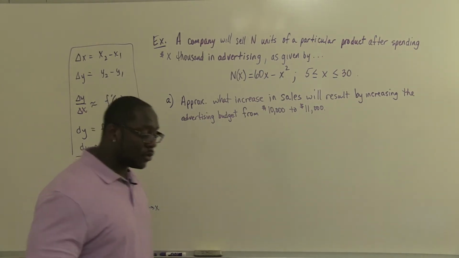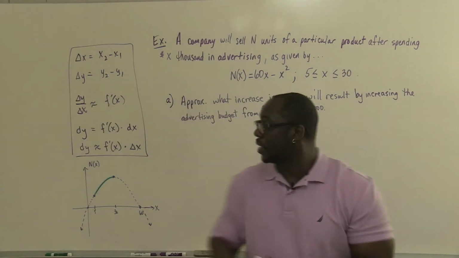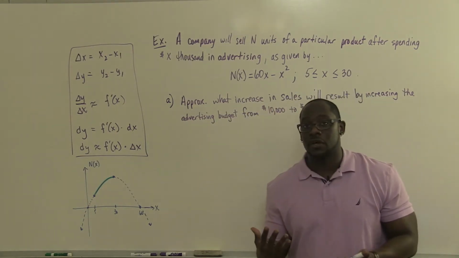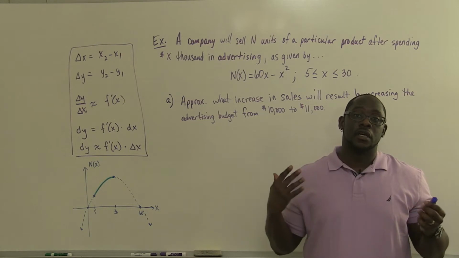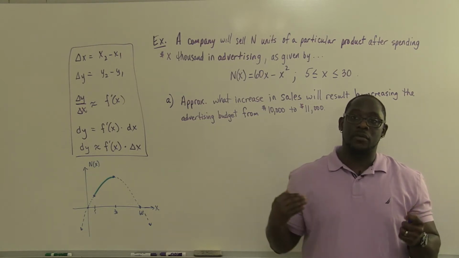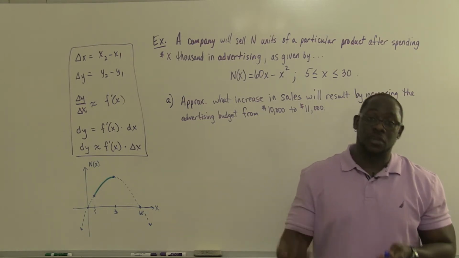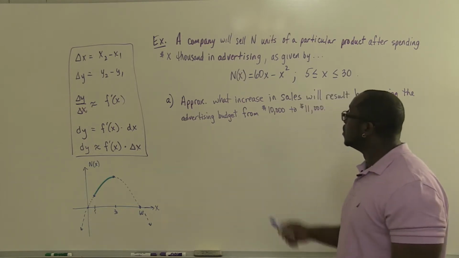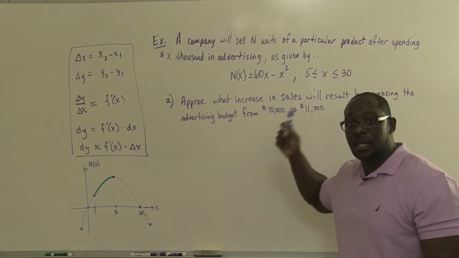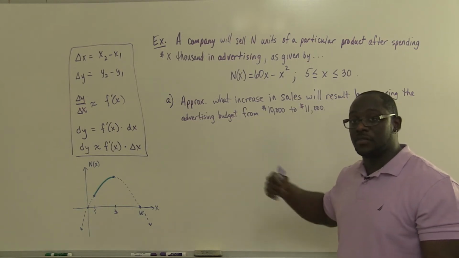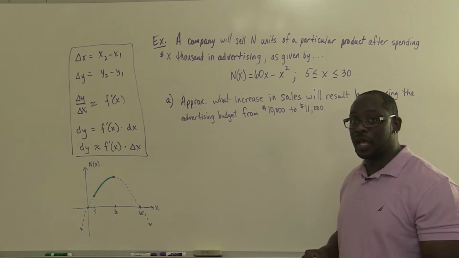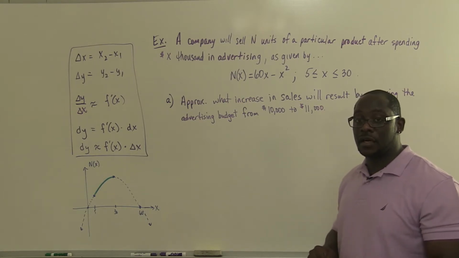Okay, so when we say approximate the increase in sales, we're actually talking about increasing the actual amount of units that will be sold. So that's what that actually means. Now, notice that this does not say approximate the rate of change of increase. Okay, if we were doing that, we would actually find a derivative.